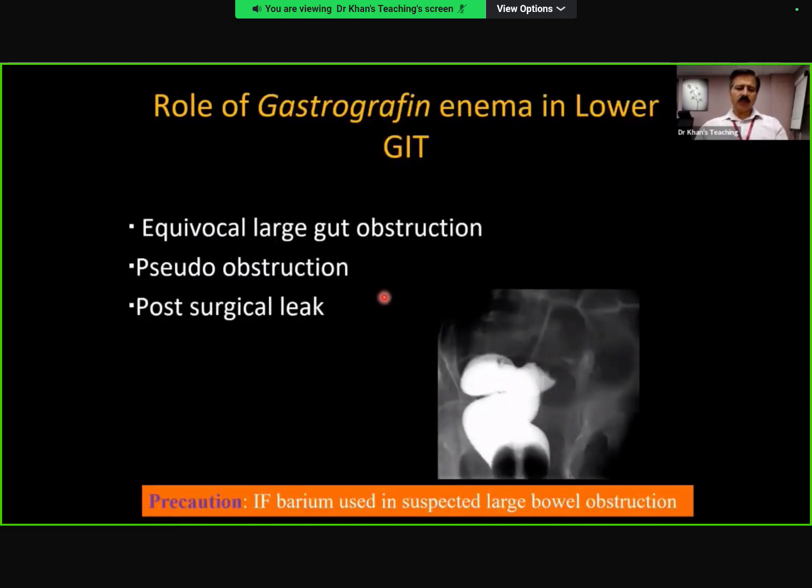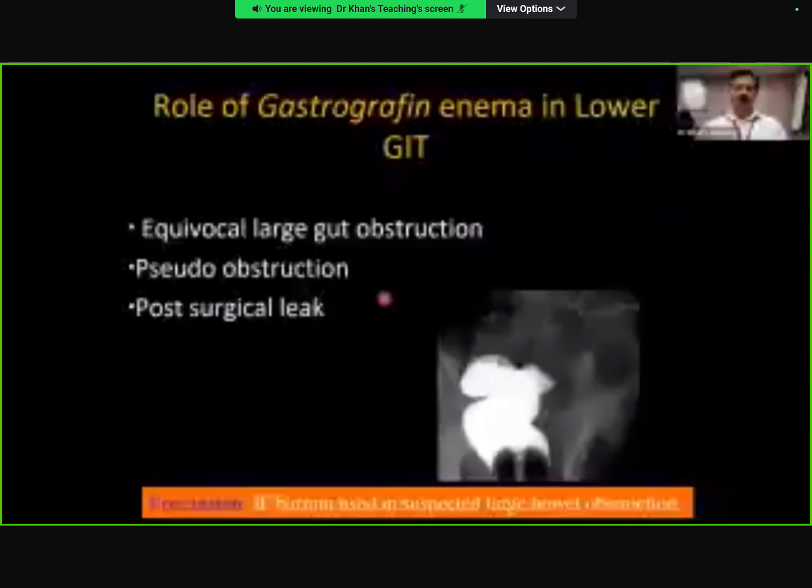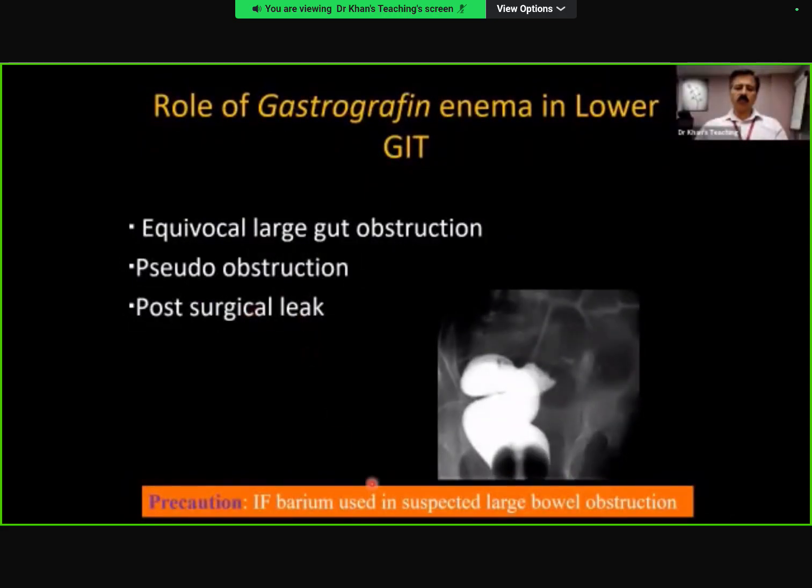Now, as far as large bowel obstruction is concerned, for equivocal large bowel obstruction, you can use gastrografin. For pseudo-obstruction, I will tell you what is pseudo-obstruction, again, you can use gastrografin. For post-surgical use, you can use gastrografin.